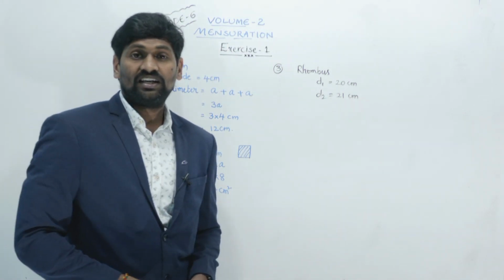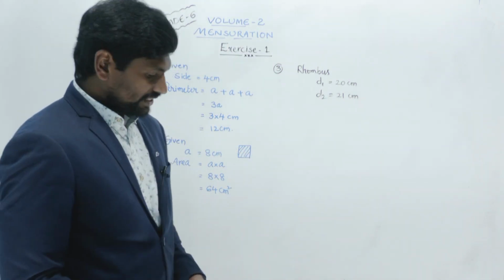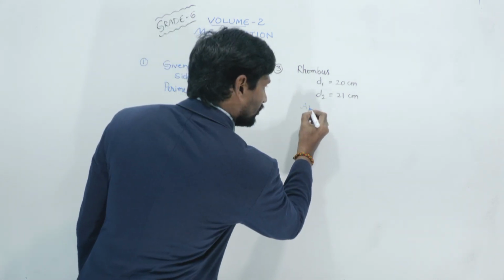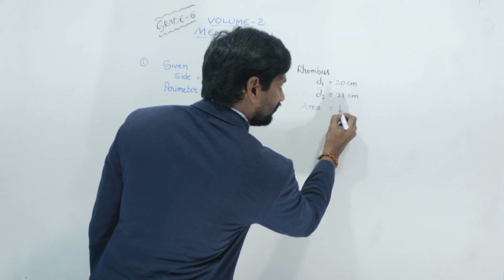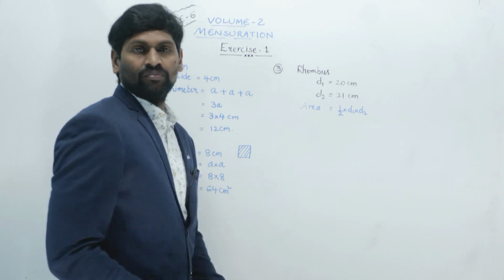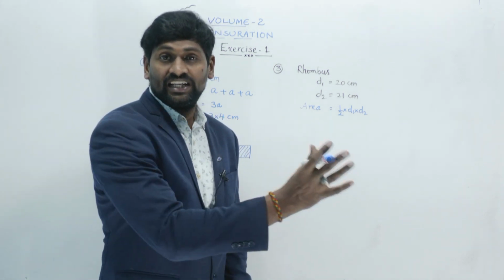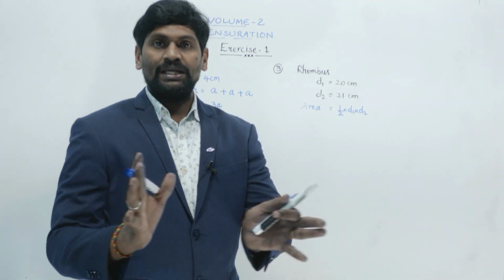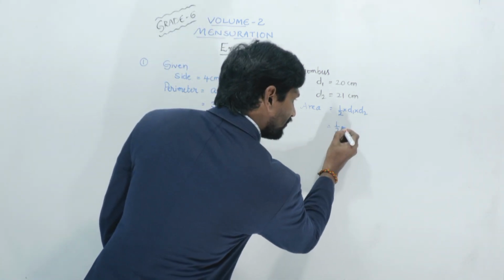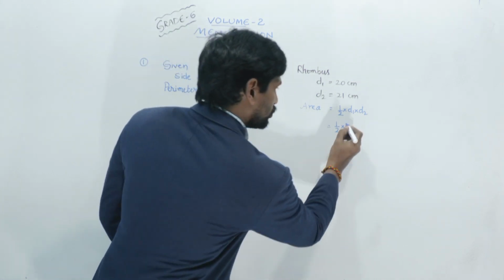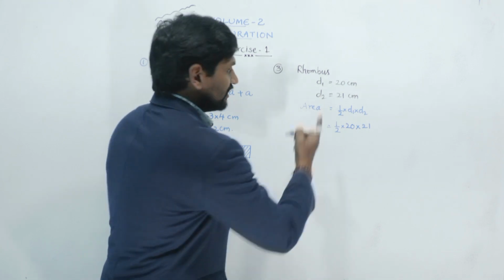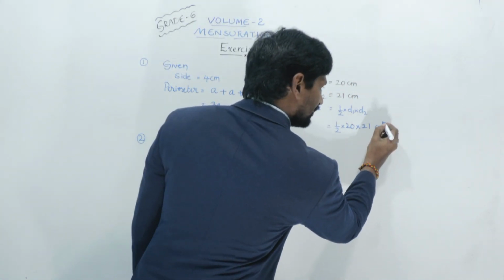What is the area formula here? The area of a rhombus equals half d1 into d2, that is, half of the product of the diagonals. Substitute the values: 20 centimeters and 21 centimeters, and centimeter into centimeter is centimeter square.